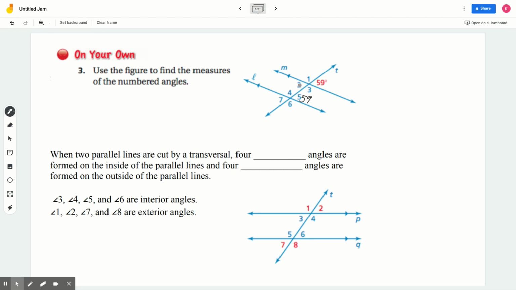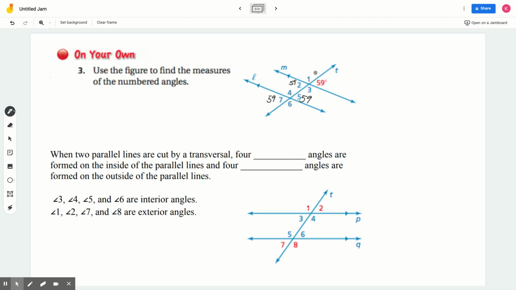We know that the 59-degree angle and angle 2 are vertical. They are formed by intersecting lines that have the same vertex, moving in opposite directions. So angle 2 is 59, which also makes angle 7 59 because angle 2 and angle 7 are corresponding.